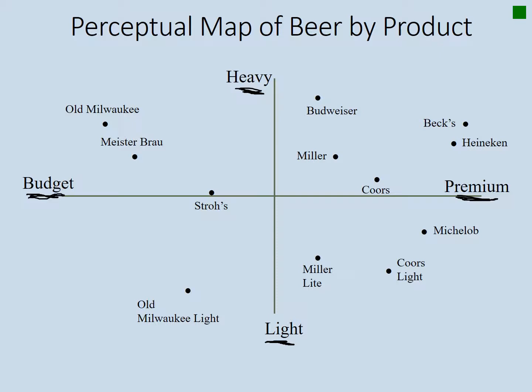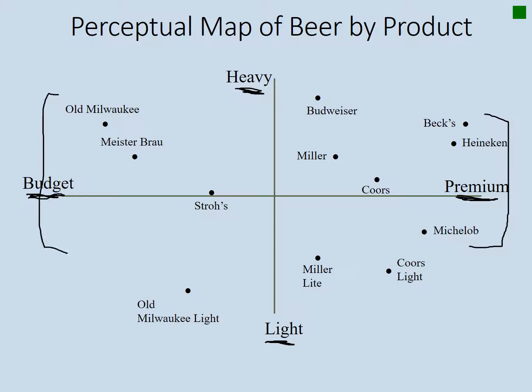We have Old Milwaukee Light, Miller Lite, Coors Light, on the lower end here. Michelob tends to be perceived as a less filling or lighter type of beer. And then we have heavier beers up above. On the right hand side, we have ones that tend to be more expensive or perceived as more premium, so maybe harder to find, less available, more unique.